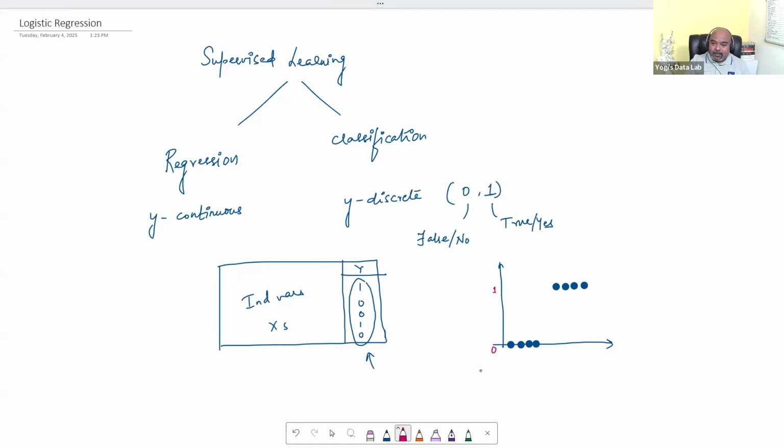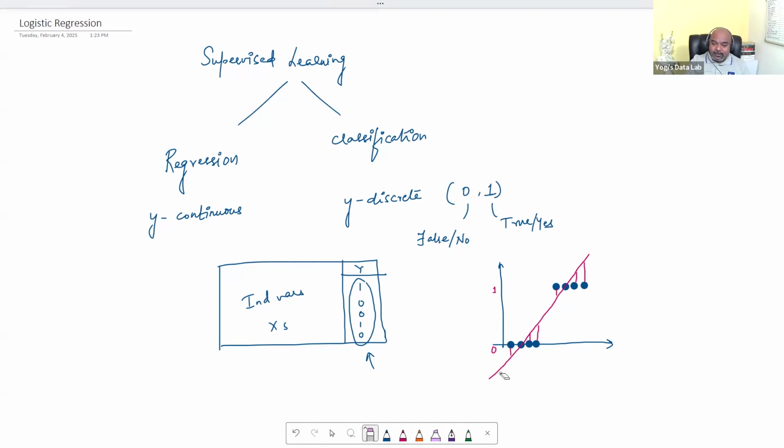Now you cannot have a straight line, something like this, which justifies all these points. Why is it so? Because if you look at these distances, which are your errors, the more points I have, the more errors I might get. So this is not a very good line to go with.